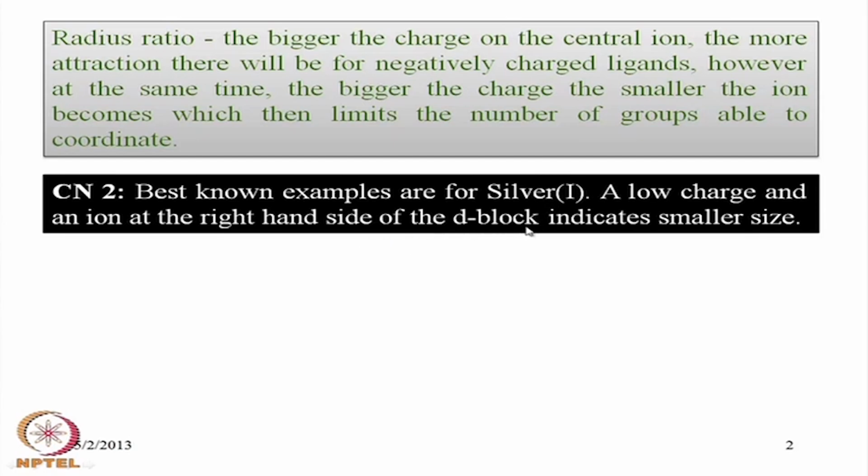The right hand side d block elements can provide only low coordination numbers because the charge is less. So, for silver 1, gold 1 or mercury 1, we can have only a coordination number of 2.